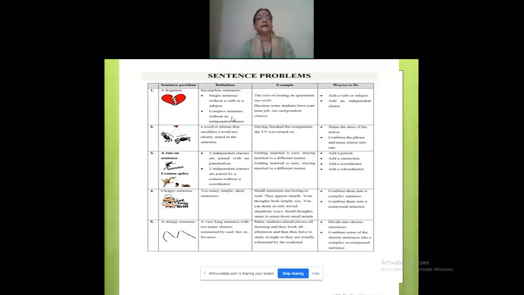The third example of a sentence problem is the run-on sentence I was talking about. Two independent clauses are there, but there is no punctuation. Or two independent clauses are there, but you have joined them with a comma and there is no coordinator, no coordinating conjunction.